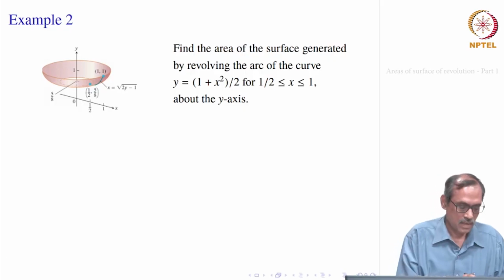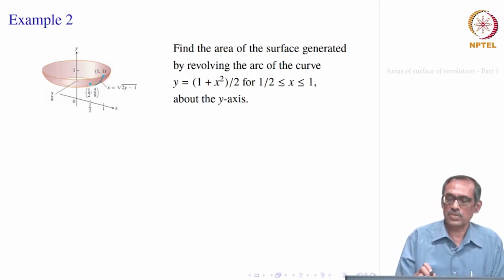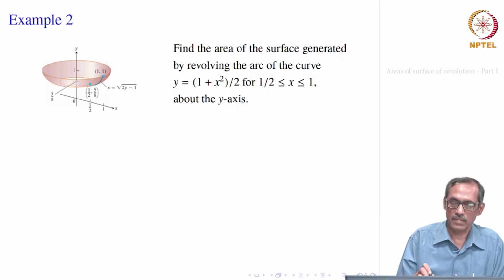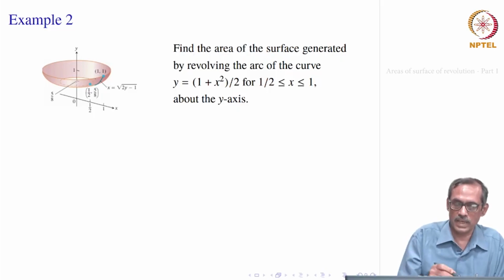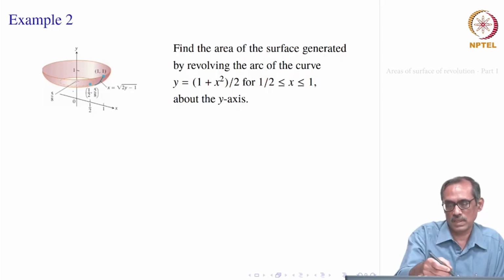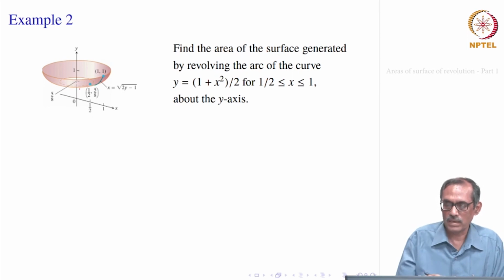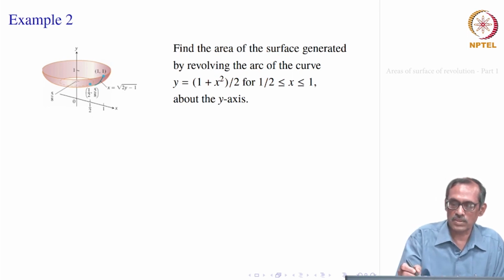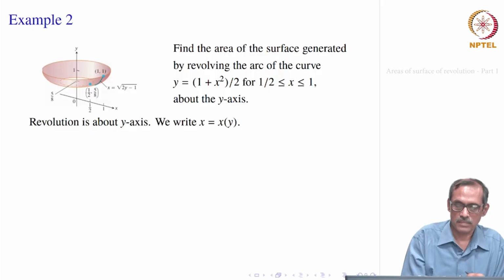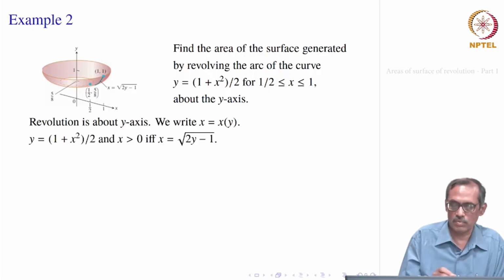Fine. So, then we need to express x in terms of y, and here of course, it is lying in the upper half of the plane. So, when you take x in terms of y, it will be the square root of 2y minus 1, right. So, you would say x equal to x of y, which is the square root of 2y minus 1, x greater than 0, okay.